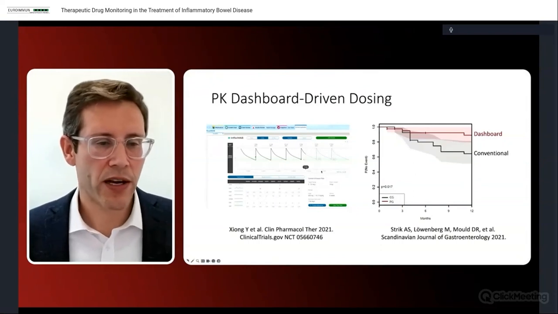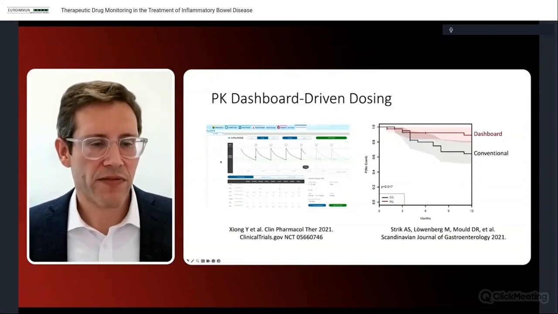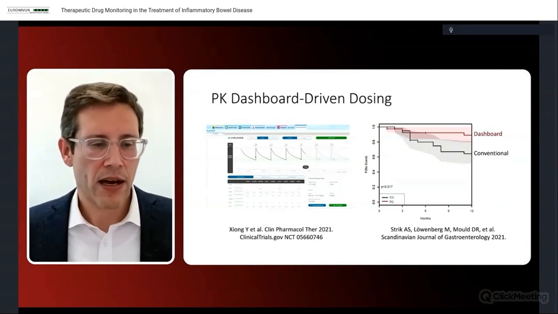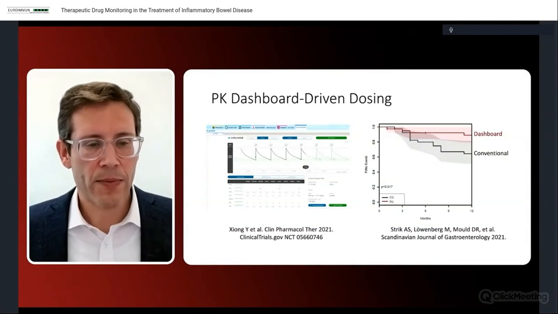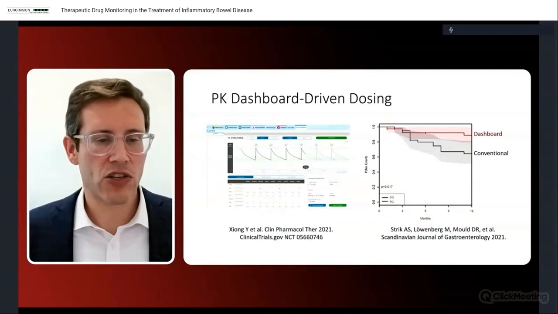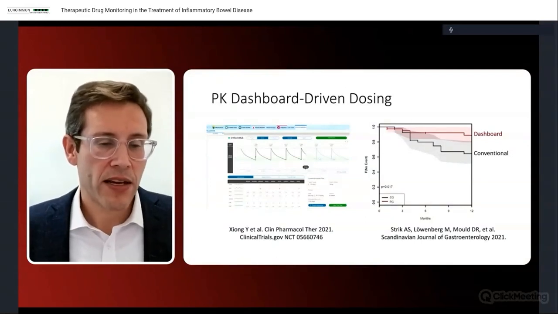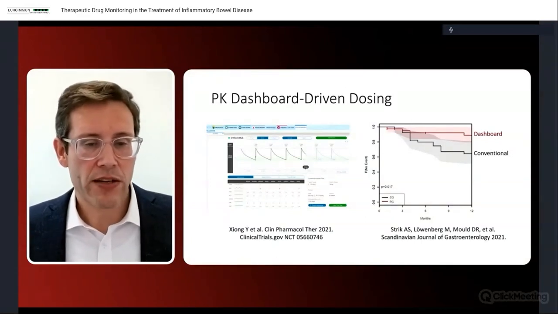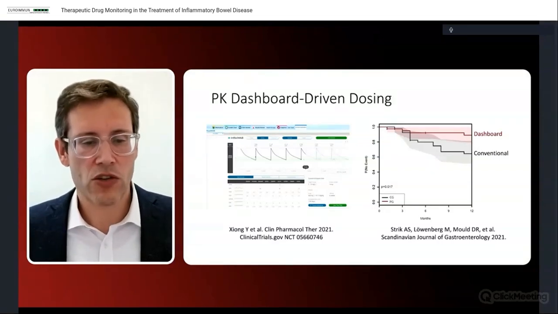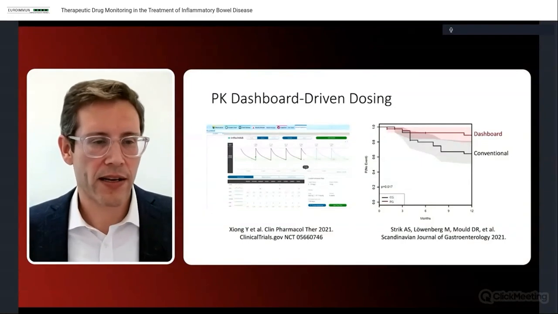In this dashboard, one can input patient level information like weight, albumin, inflammatory markers, and it will read out projected trough levels based on any dosing regimen you like. And you can even select what trough levels you would like to target.